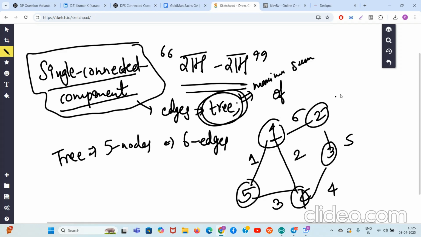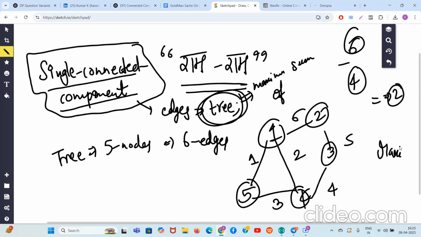You know that you want only 4 edges, but currently there are 6 edges. 6 minus 4, 2 edges you need to remove. But you want the remaining tree to be a maximum spanning tree. After you remove the 2 edges, the remaining tree should have the maximum sum of edges. So which ones will you remove? You will remove the two smallest edges.